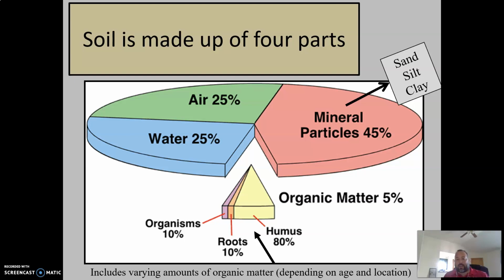And that's going to depend on age and location. And when we're talking about that organic matter, the majority of it is humus, which is partially decayed material. It's basically all the stuff that's going to hit the forest floor. So animal excrement, dead animals, leaves, twigs, all that sort of stuff.